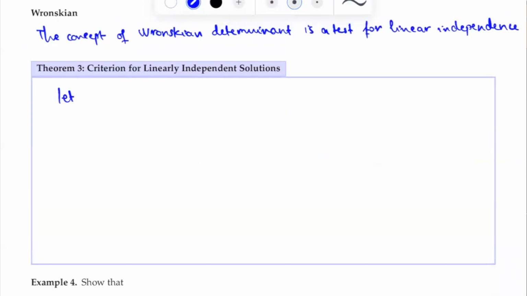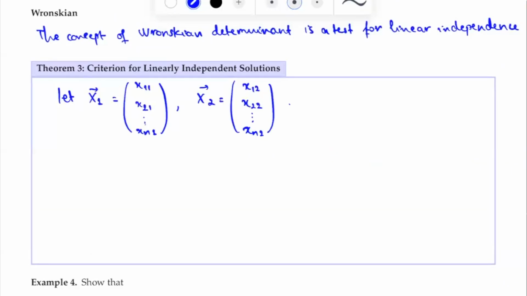Let x1 equal x11, x21 to xn1. x2 is equal to x12, x22 to xn2. And the last solution vector is x1n, x2n up to xnn.